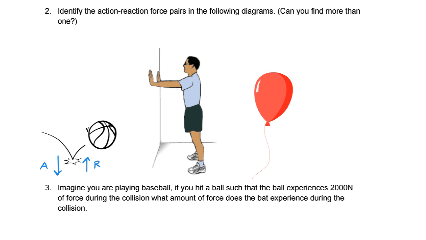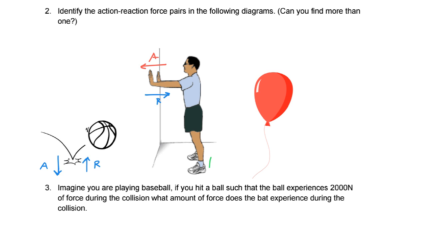All right, now we've got our person that's pushing against a wall. So they push against the wall, and therefore the wall pushes back. So there's our action. The reaction is that the wall pushes back. So human pushes against wall, wall pushes against human. But I think we could pick out another one in this diagram, and that's the normal force on this person's feet.